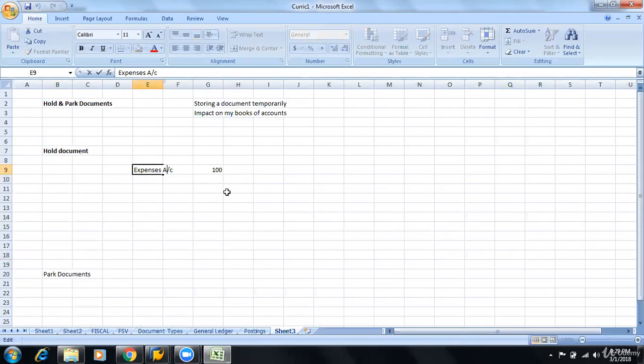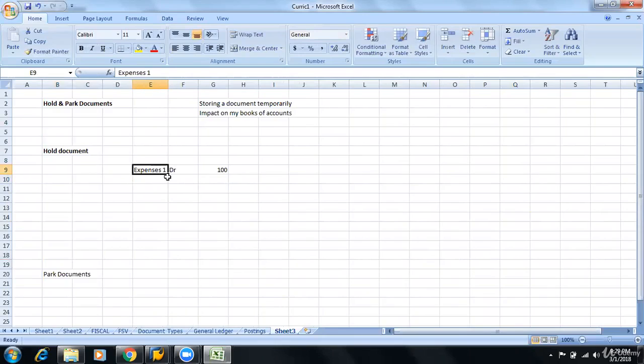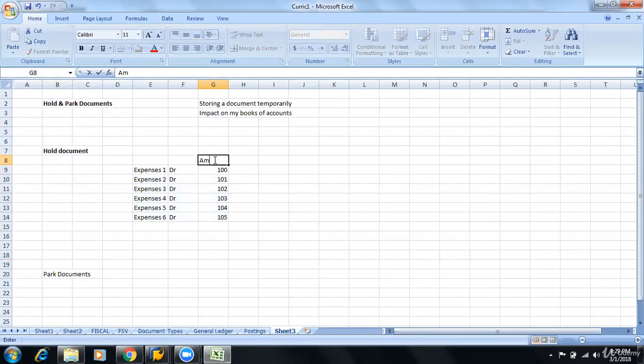Let me put it this way: there are, for example, 6 expenditure accounts. These are the amounts: 100, 101, 102, and so on up to 105 rupees.